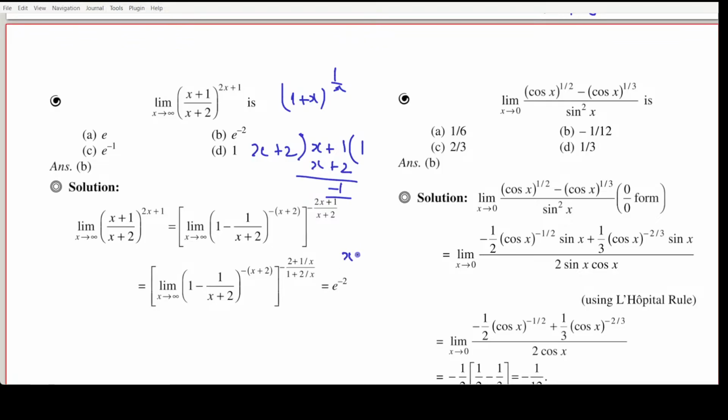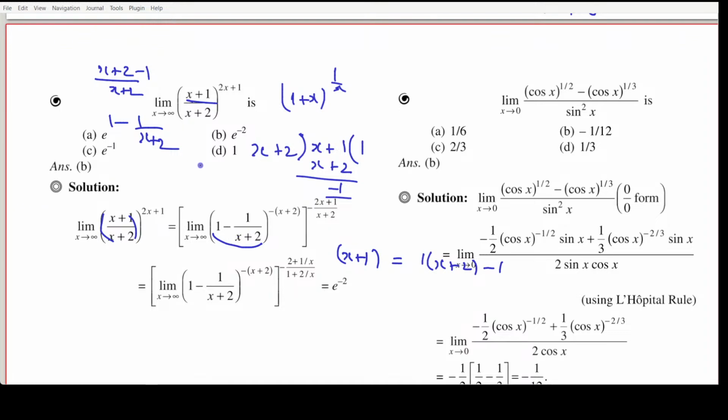What does that mean? X plus 1 equals 1 into x plus 2 minus 1. What we are basically saying is we are writing x plus 1 as x plus 2 minus 1, by x plus 2, which is nothing but 1 minus 1 by x plus 2, right? This entire part we can write it like this.